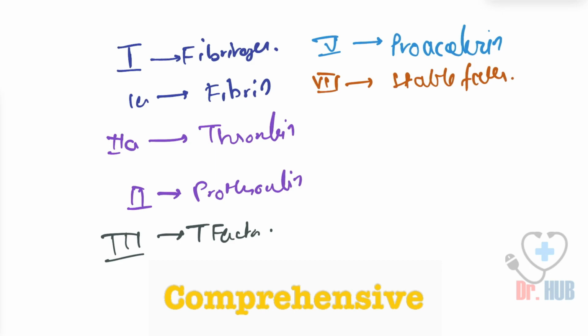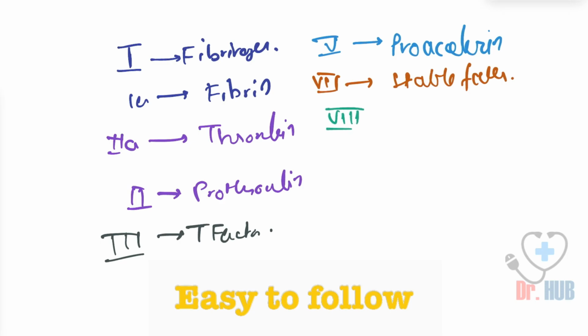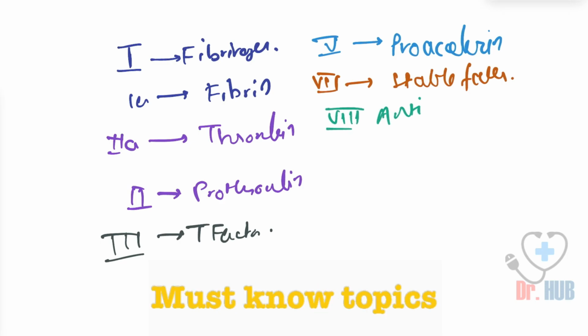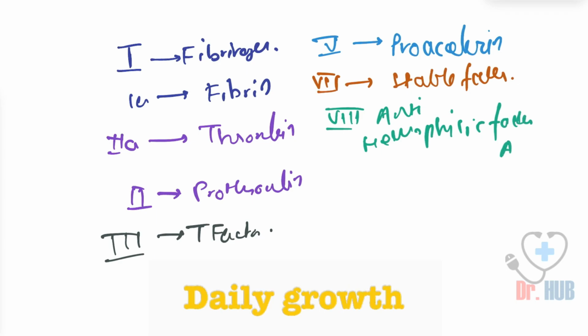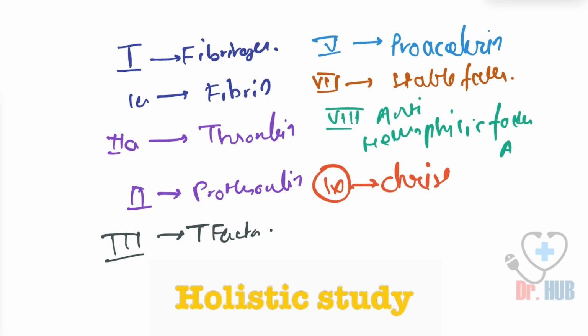Then comes the 8. 8 stands for the anti-hemophilic factor. This is A. After 8 comes 9. 9 is the Christmas factor.